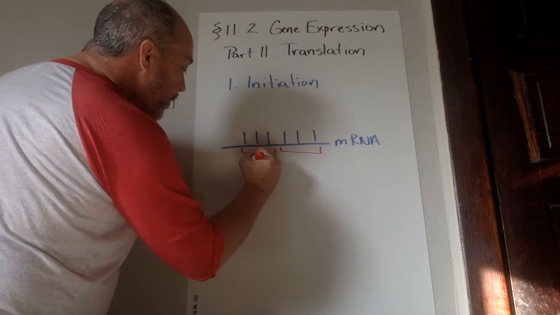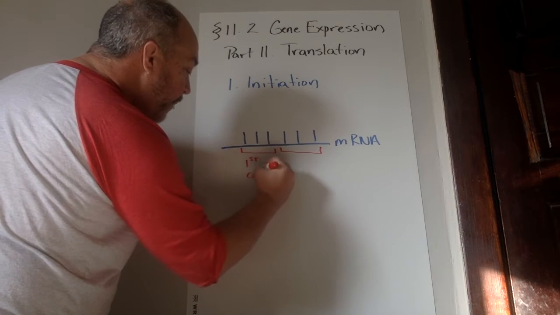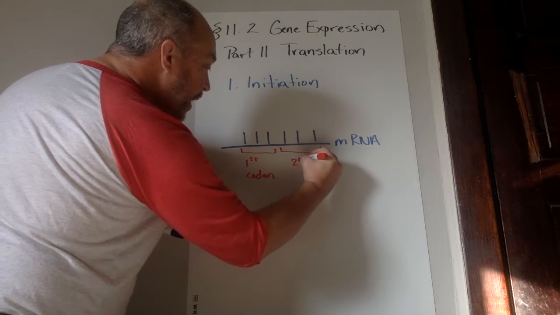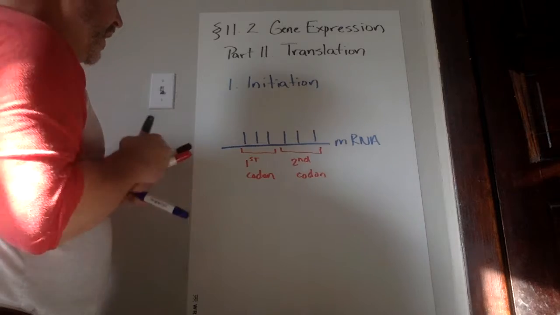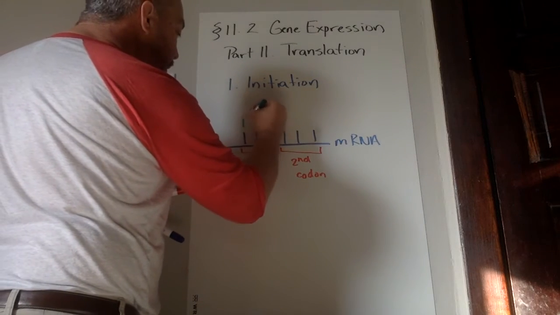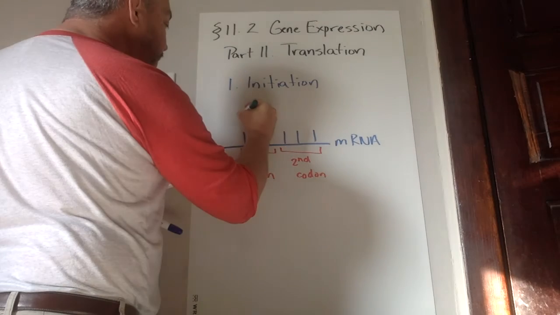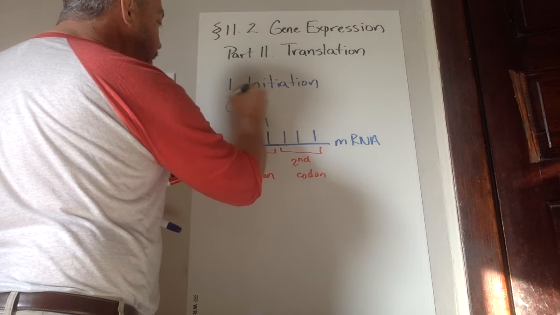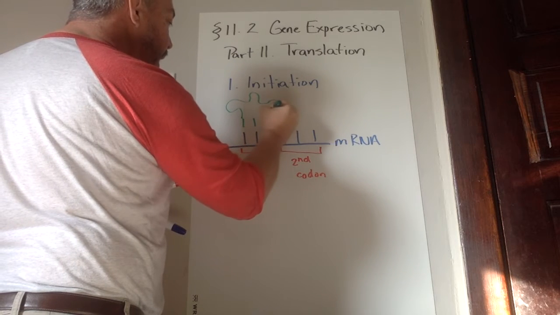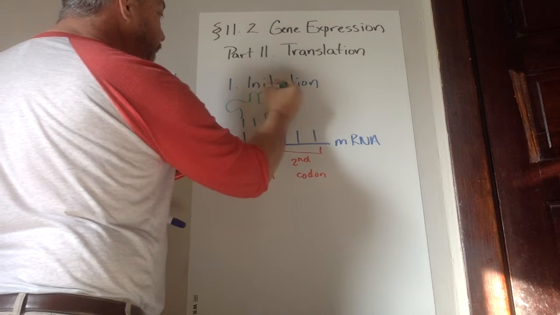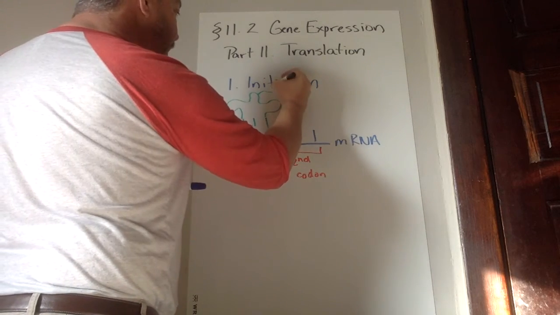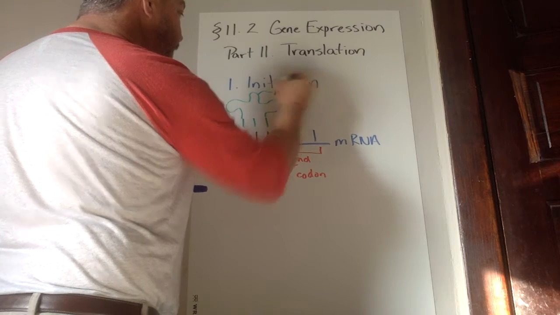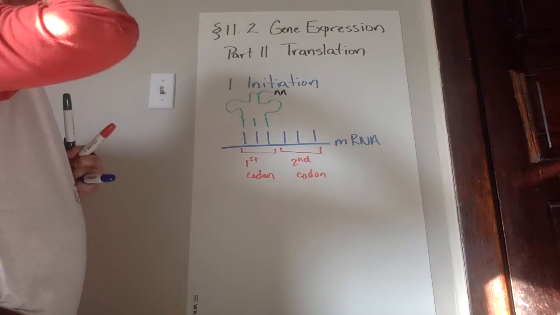So here's the first codon. Here's the second codon. Well, the tRNA is also going to have 3 complements. So let's draw our tRNA for this one, and here it has an amino acid on it. I'm just going to write it like that.